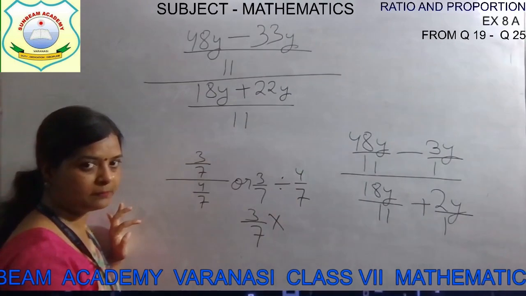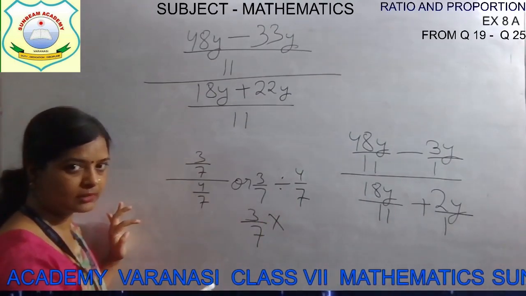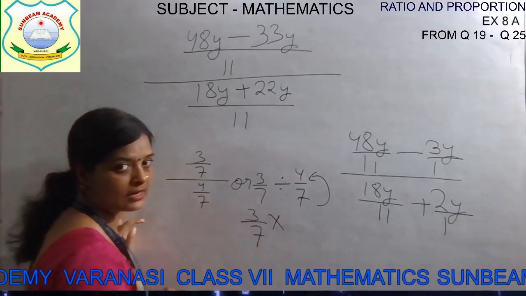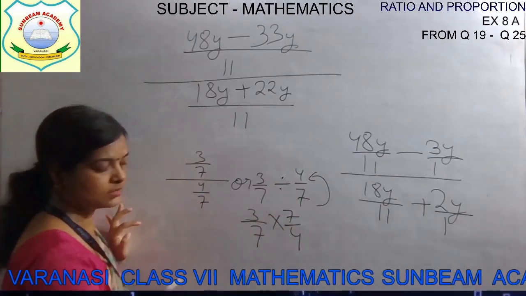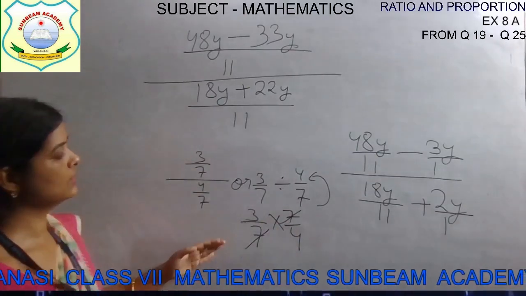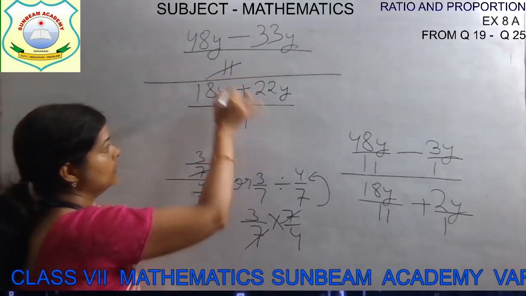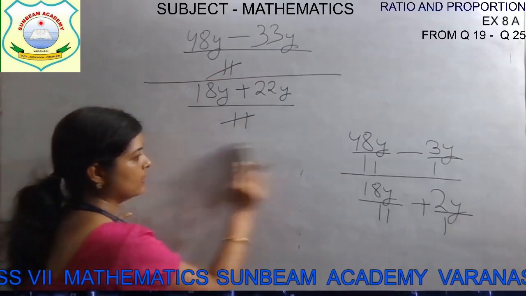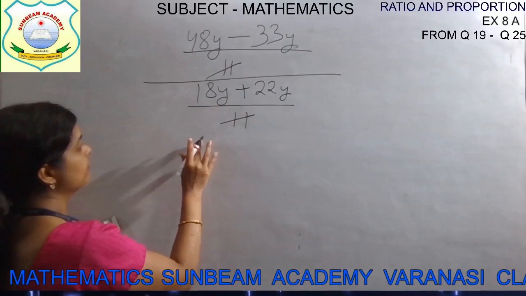Divide will change into multiply: keep the first fraction as it is and take the reciprocal of the second fraction, so 7 by 4. The sign will change. Now 7 and 7 get cancelled out. We can cut in this way also. So 11 and 11 will get cancelled out. Just remove this and write down what is left in the numerator.